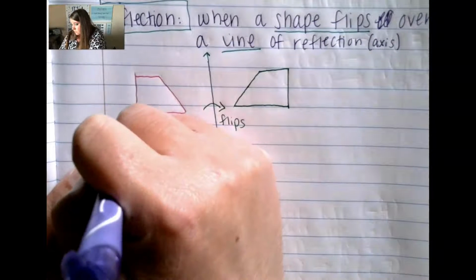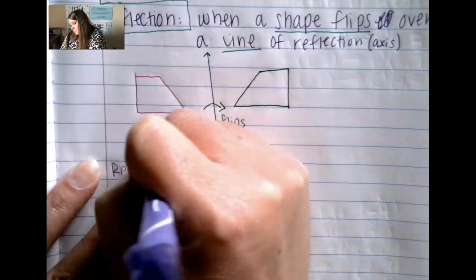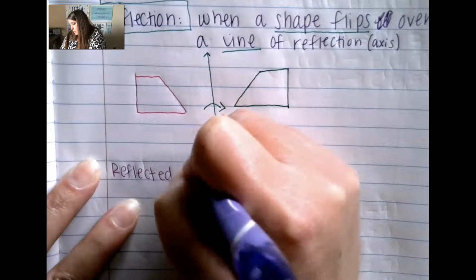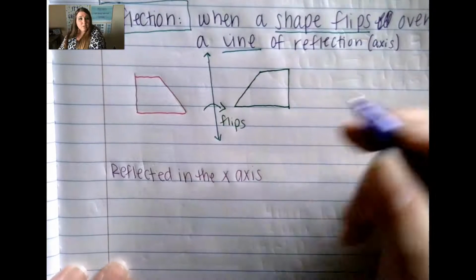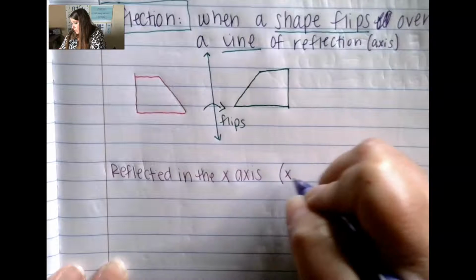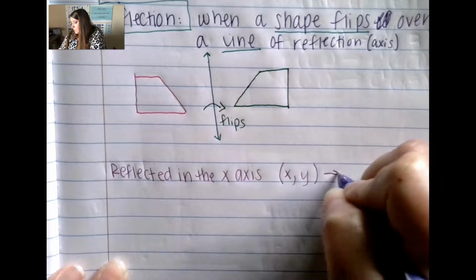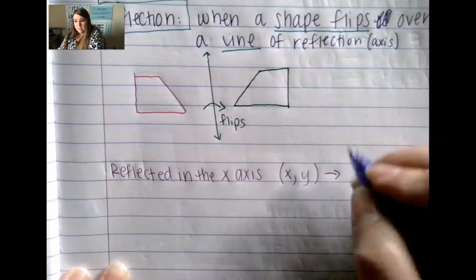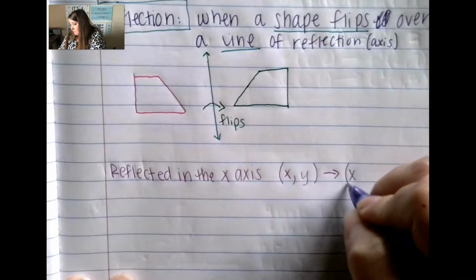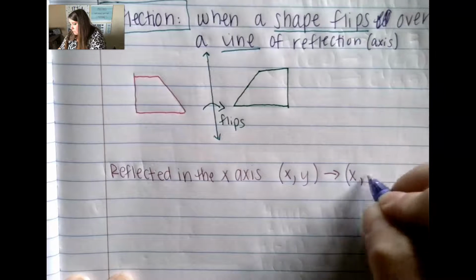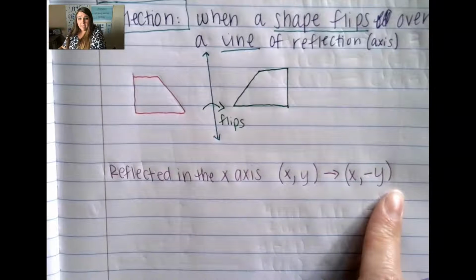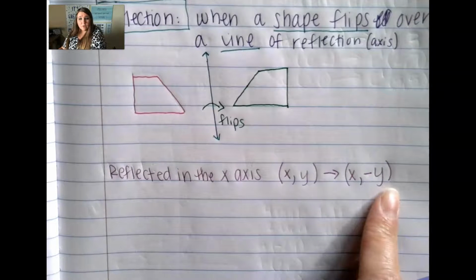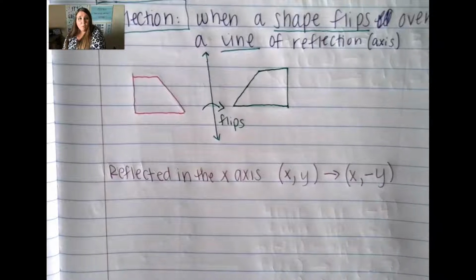So if it is reflected in the x-axis, you're going to start with x comma y. Once it reflects or flips, you're going to end with the same x value. However, your y value changes from a positive to a negative. So when it flips over the x-axis, the y value is what's changing.